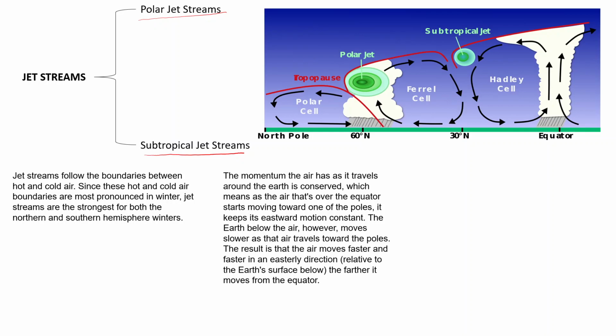And we all know that there are three types of circulation cells: the Hadley cell, Ferrel cell, and polar cell. The Hadley cell, if we do a quick recap, has its rising arm at the equator. It reaches the tropopause and diverges in both the hemispheres, reaches 30-degree latitude, and there it starts sinking, that is called the sinking arm.